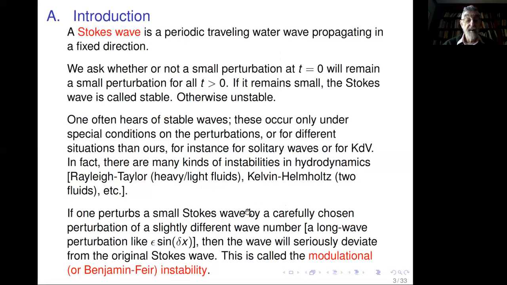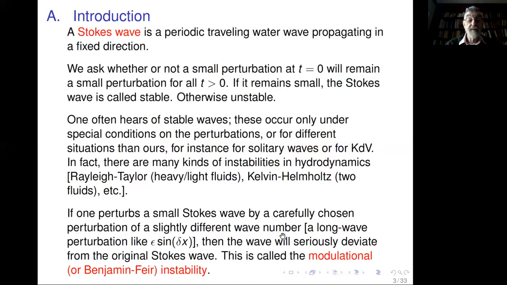So here's more specifically what kind of instability I'm talking about. You take a Stokes wave, a periodic traveling water wave. Now you perturb it in a certain way, by changing its spatial period. It starts out periodic, that's a Stokes wave, and then you perturb it by a slightly different wave number.